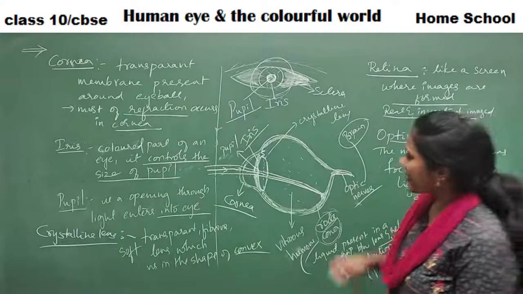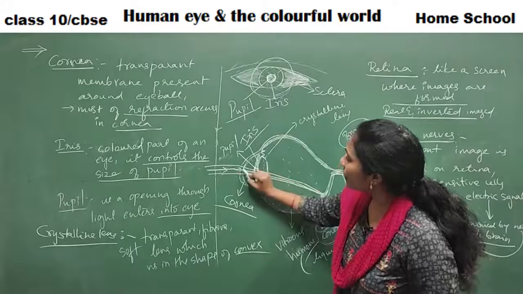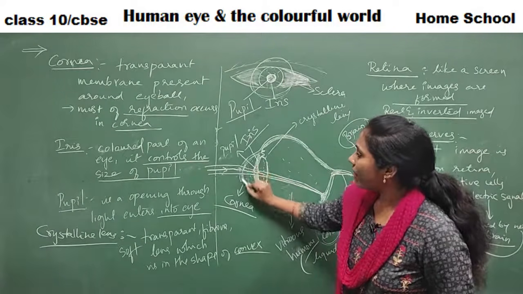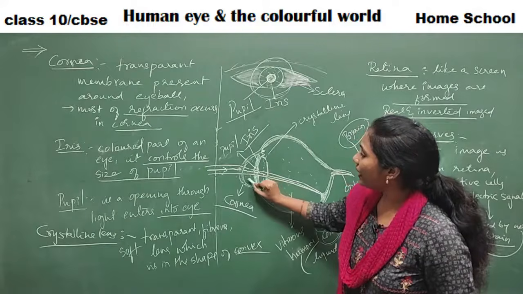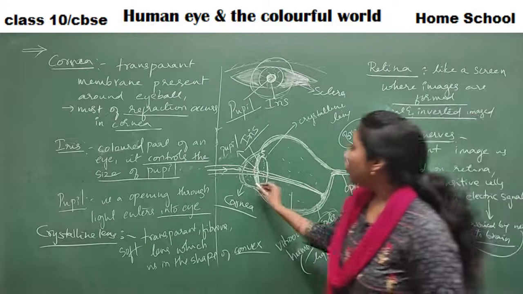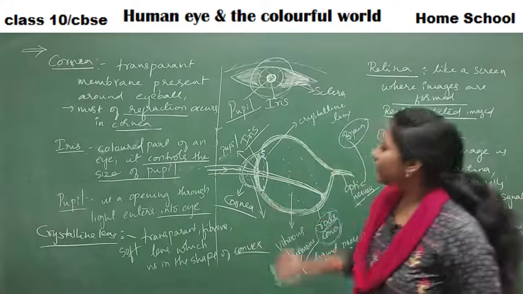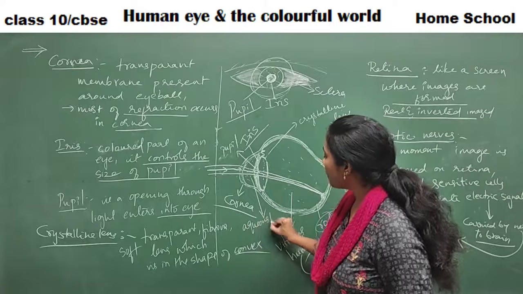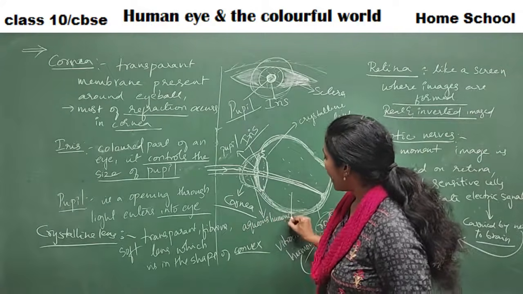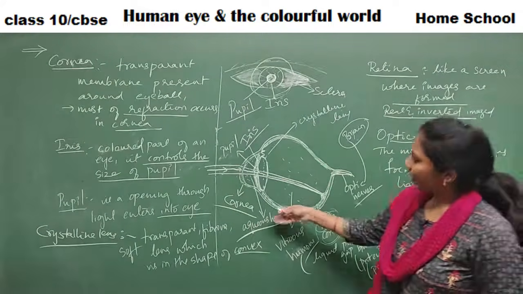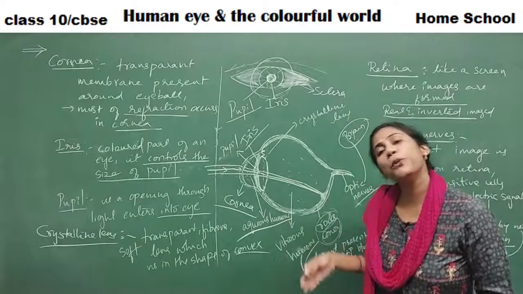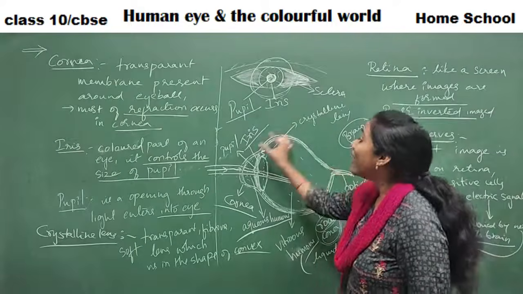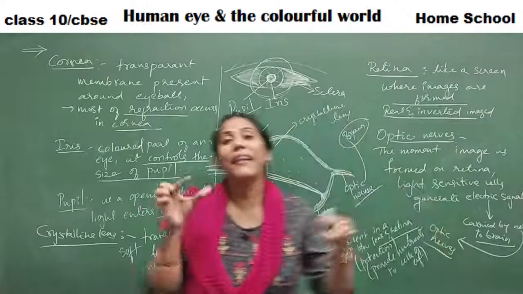And what about this gap? You have some gap here also, between the cornea and the pupil. Yes or no? This is our cornea and this is the pupil. Here also you have a gap. This gap is also filled with a liquid, and that is called aqueous humor. Even the aqueous humor's duty is to protect the cells, and these liquids actually help the eyeball stay in a spherical shape.